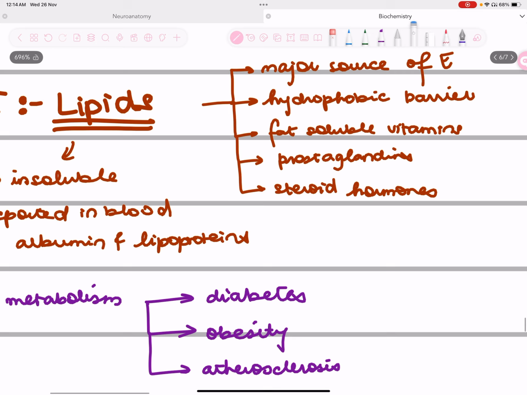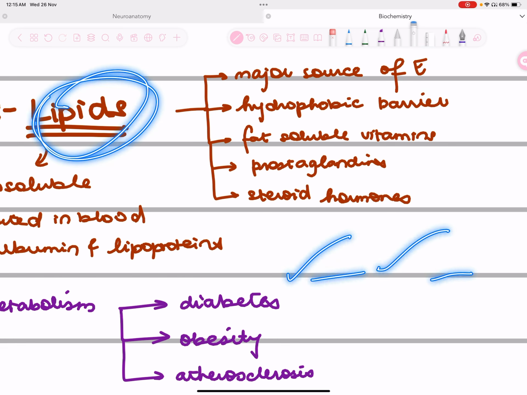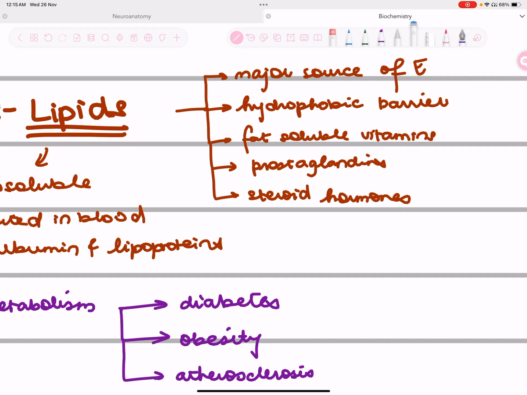Now, what are the major functions of lipids? Lipids are a major source of energy, not carbs, not protein, but lipids, because they give the maximum amount of energy. Yes, carbs and proteins are also a source of energy, but the major source is lipids because they have the potential to store the maximum amount of energy.